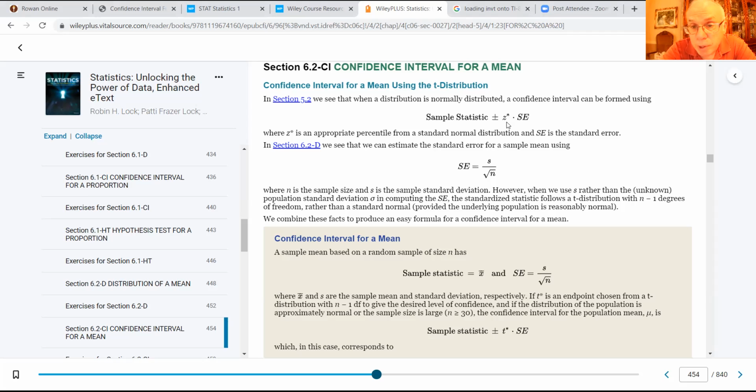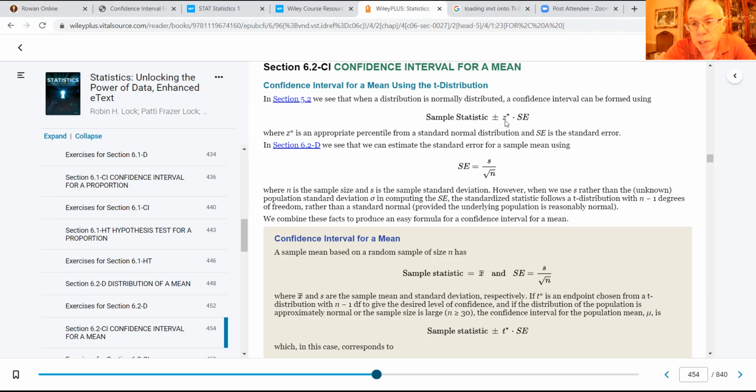Remember the standard error for that was the square root of p times 1 minus p divided by n, right? So we had defined the z for that particular level of confidence, middle area, and that was the right endpoint. And then the standard error was just that square root formula.